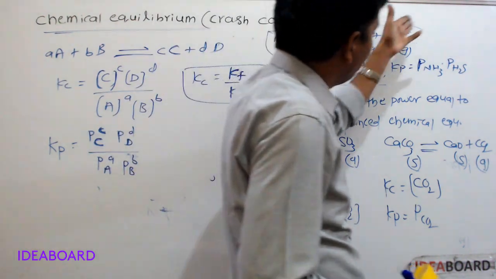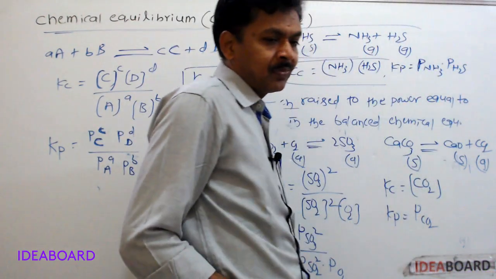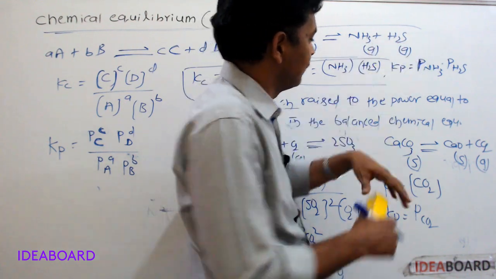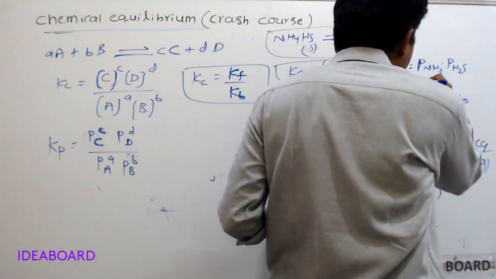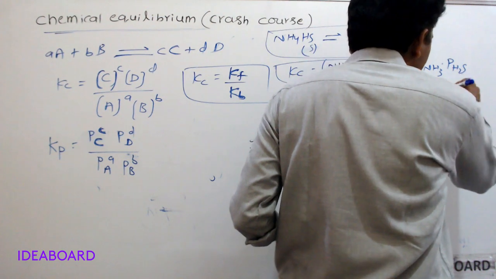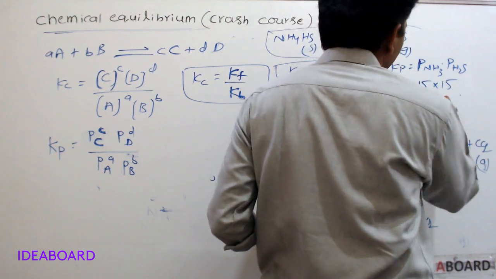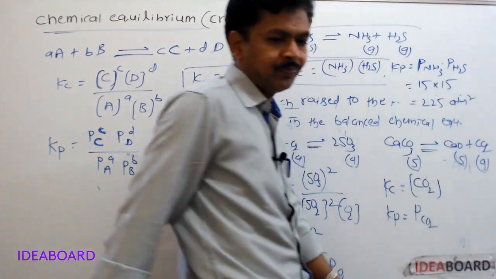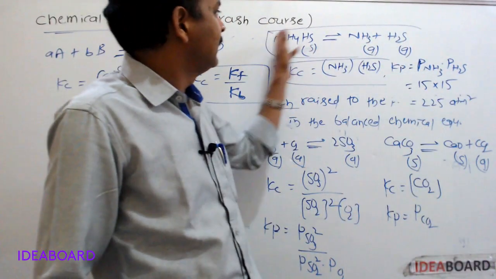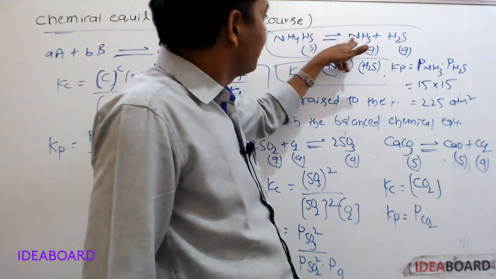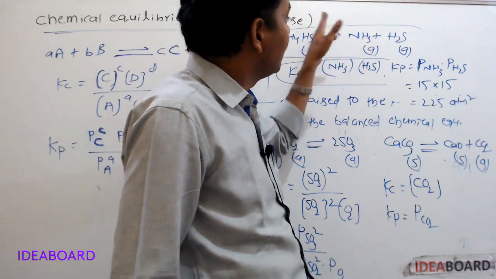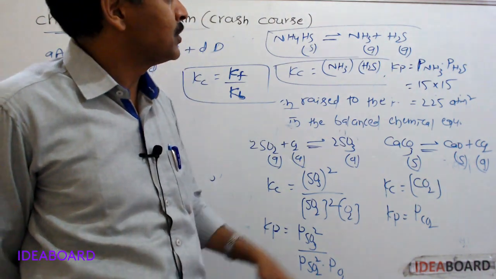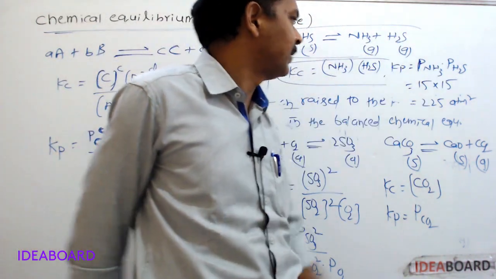Then the partial pressure of hydrogen sulfide is also 15 atmospheres because their number of moles are the same. Then 15 into 15, 225 atmosphere square. For example, in the same reaction, if the partial pressure of ammonia is 25 atmospheres, then what is the Kp value? Kp is equal to 25 times 25, 625.